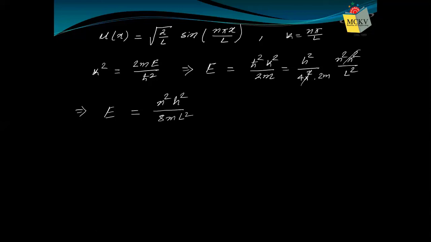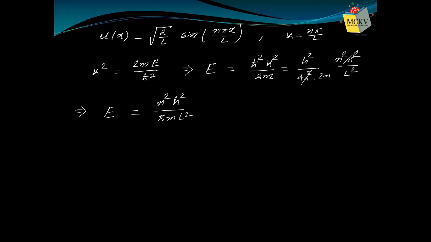So now all the quantities are known here. We know n will be 1, 2, 3, 4, etc. h is Planck's constant, m is the mass of that particle, and L is the dimension of that box along the x direction. So all the quantities are known, and we know the energy. So our calculation is complete.